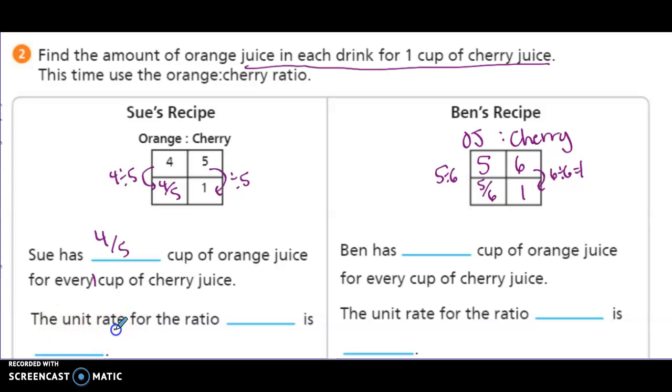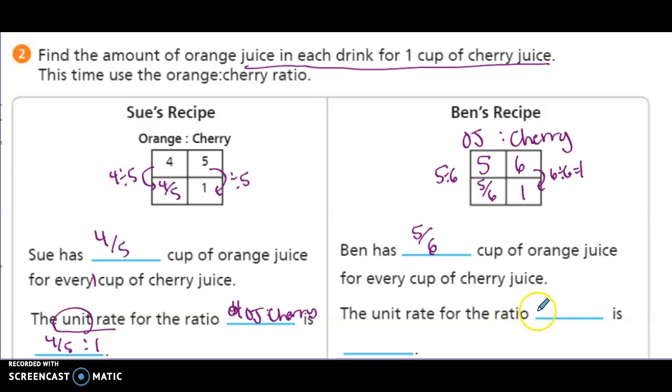The unit rate, unit means per 1, is 4, for the ratio, what do they want? Oh, the unit rate for the ratio of orange juice to cherry juice is 4/5 to 1.